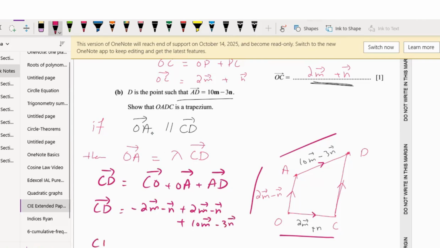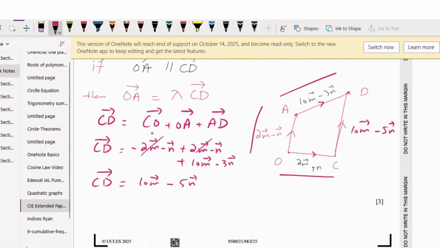Here you will get the CD: minus 2m plus 2m is gone, minus n, and then you get 10m, and then minus n minus 3n is minus 5n. So that is your CD, which is 10m minus 5n.